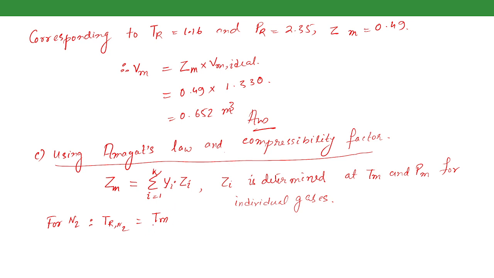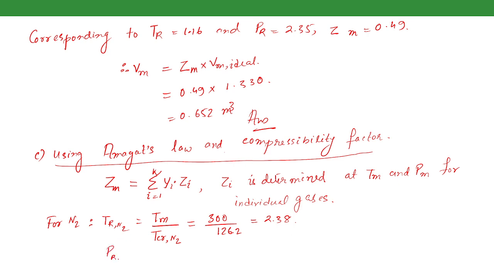So the reduced temperature is the mixture temperature divided by the critical temperature of nitrogen. The mixture temperature is 300 and the critical temperature of nitrogen is 126.2, so this is 2.38.